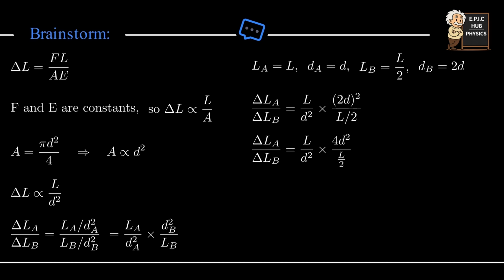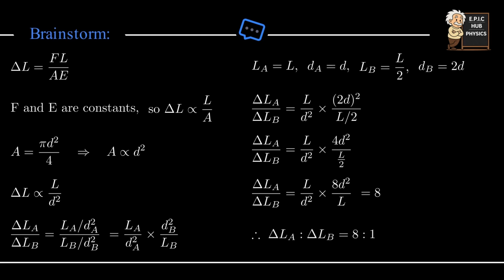Dividing by L divided by 2 is the same as multiplying by 2 divided by L. So this becomes L divided by D squared multiplied by 8D squared divided by L. The L terms cancel and the D squared terms cancel. This leaves 8, so the ratio of the extensions is delta L for A to delta L for B equals 8 to 1. This is our final answer.